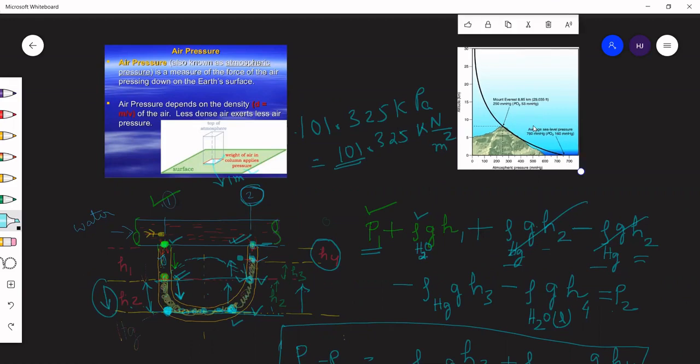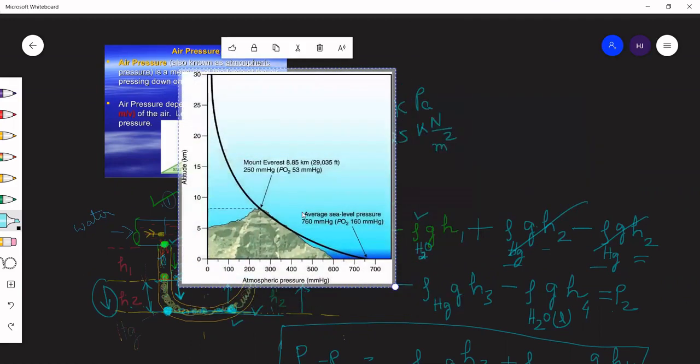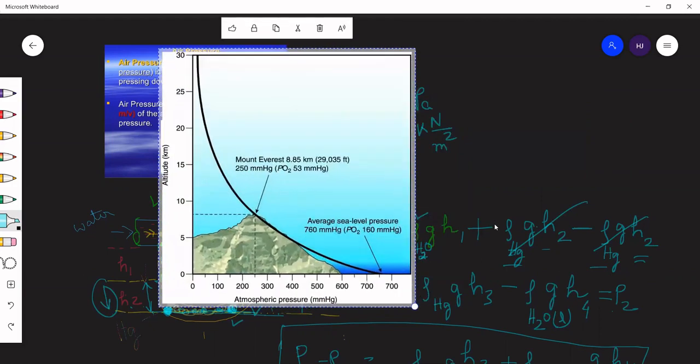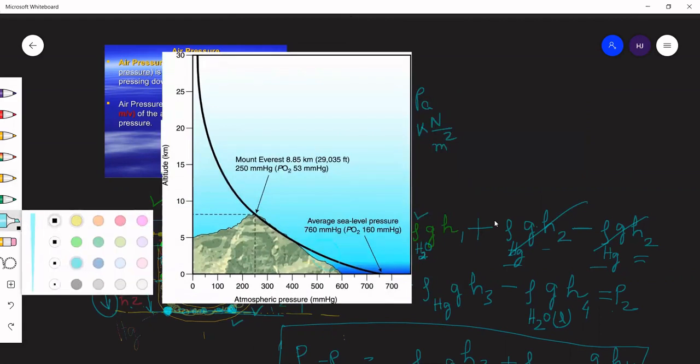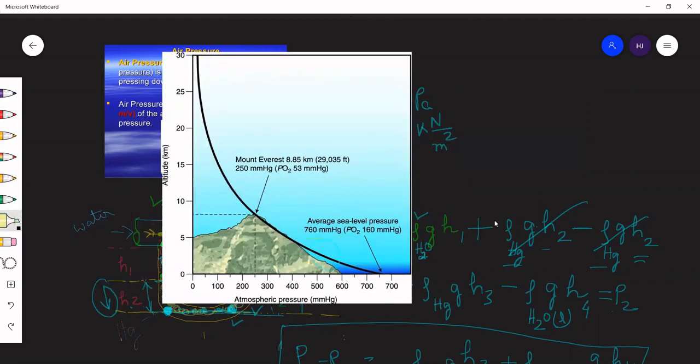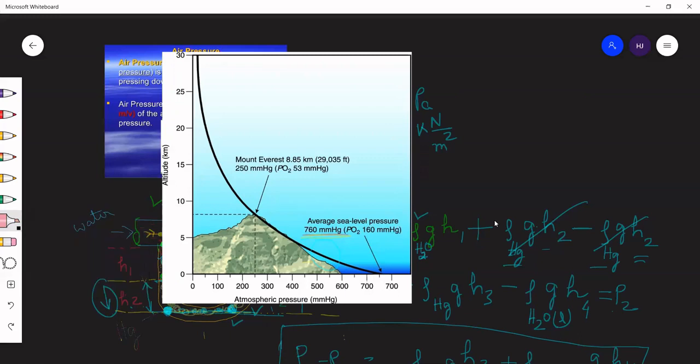Now, when you climb a mountain, at sea level, I told you that the pressure is 760 mm of mercury, which comes to around 101.325 kilopascal.